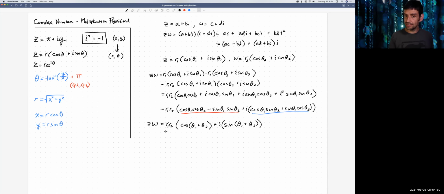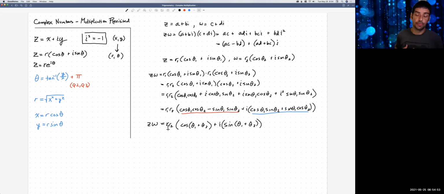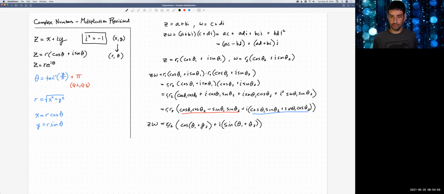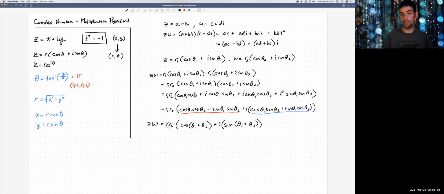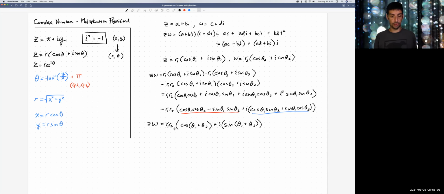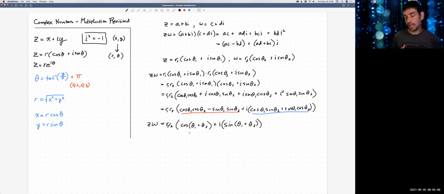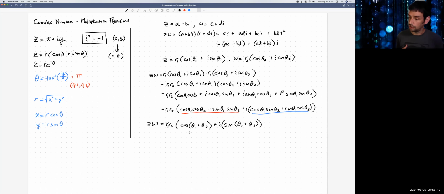You get the product of the moduli, the product of the two radii, and then you simply add the angles together, right? This is a new complex number whose new radius is just the product of the two radii of the numbers that were multiplied together, and the angle is simply the sum of the angles of these two numbers.